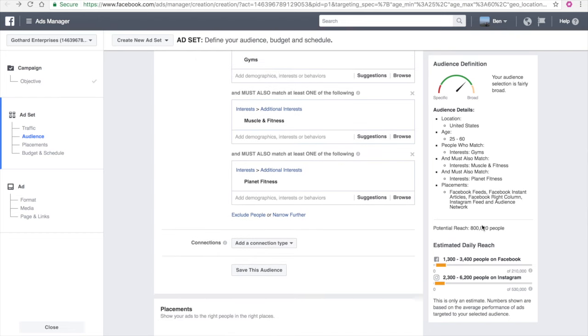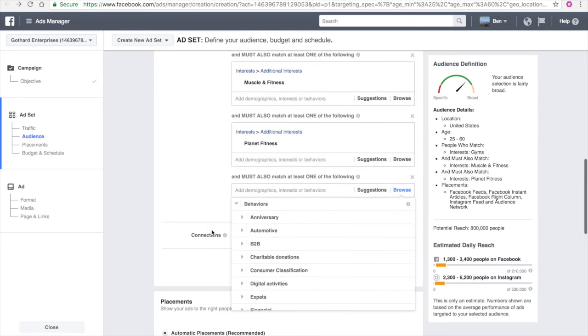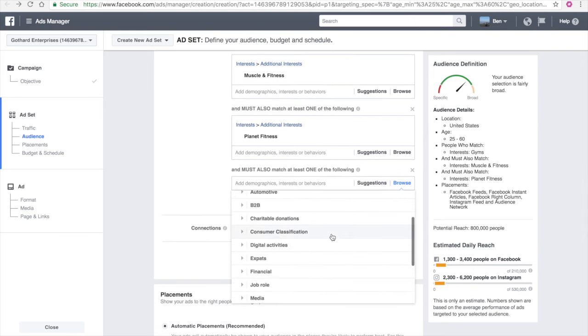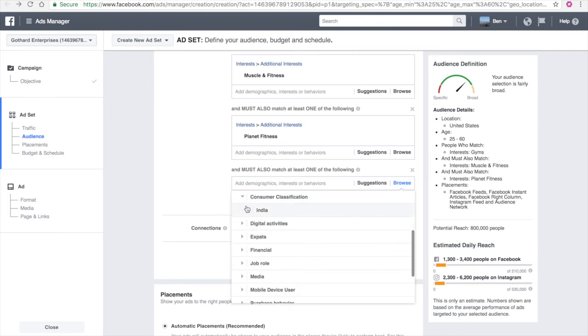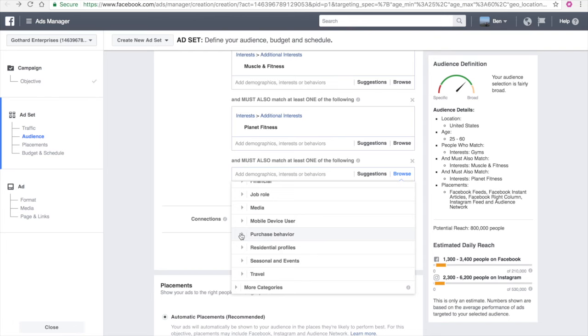But we're still not at our 50,000 mark, so I want to narrow one more time, and I'm going to check out some behaviors. Let's see, maybe consumer classification, no, maybe purchase behavior. That's what we want.